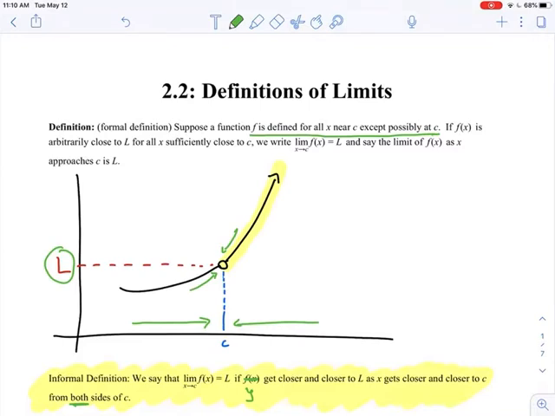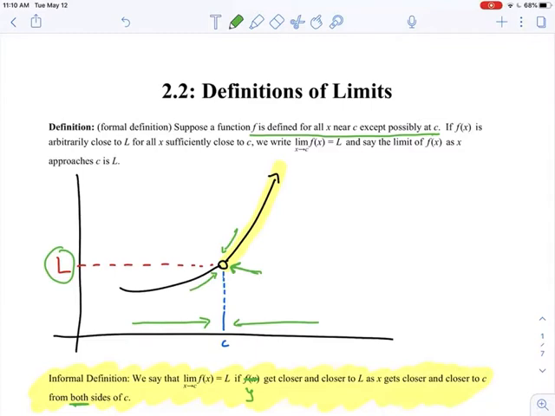And this is probably going to be one of the tougher things to wrap your mind around here. I can show this in the example that I've drawn right here. Here I have a hole at x equals c. I have a hole right here at this particular point in my graph, but the limit still exists. The limit is equal to L.